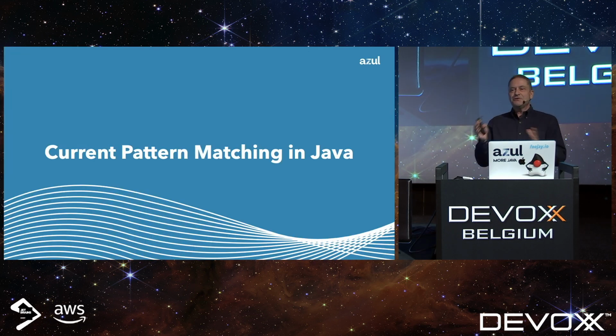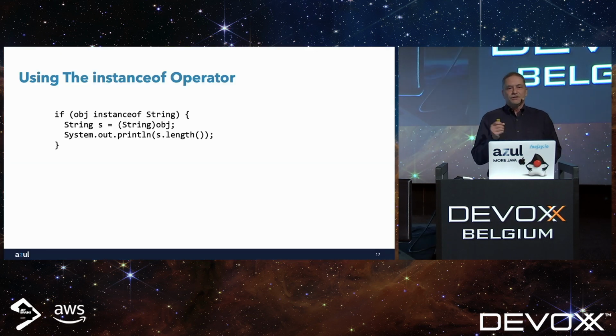Okay, so now let's get onto the pattern matching side of things. What do we have currently in Java? I'll deal with a couple of things that might happen in the future later on. The first thing that we need to think about here is the instanceof operator. And obviously we use this a lot in our code.